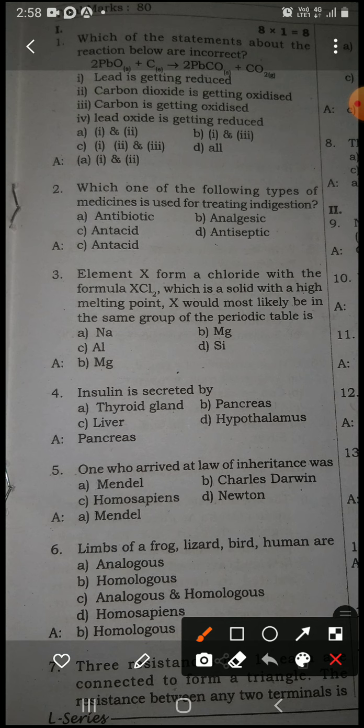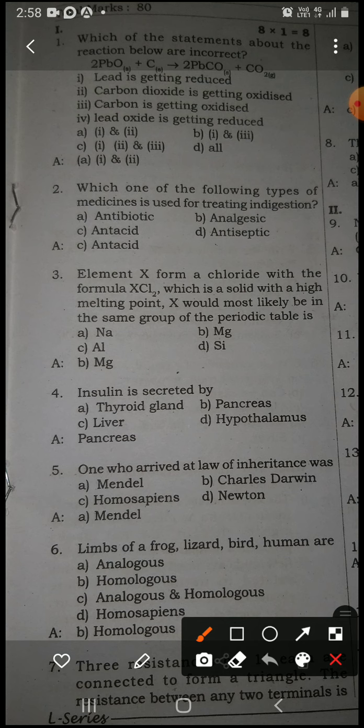Okay. So the first question given is: which of the statements about the reaction below are incorrect? Try to understand the question. Which of the statements about the reaction are incorrect, not correct, but incorrect, which is false, right? The reaction is given about lead, you know that Pb.